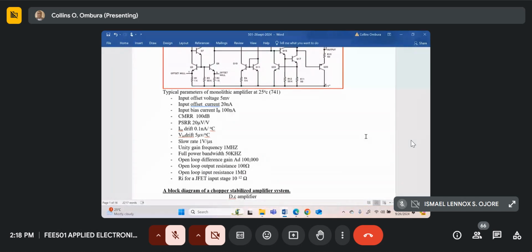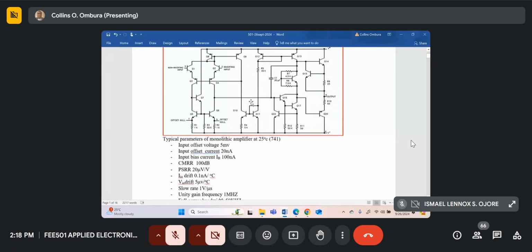So typical input offset voltages. So these are the input offset voltages referred to the input, about 5 millivolts. Input offset currents, that's the current required to balance the op amp. Means in this top circuit over here, if I ground pin number 3, the non-inverting input, to the ground, and ground pin number 2 to the ground, and then monitor the output voltage with respect to the zero reference.